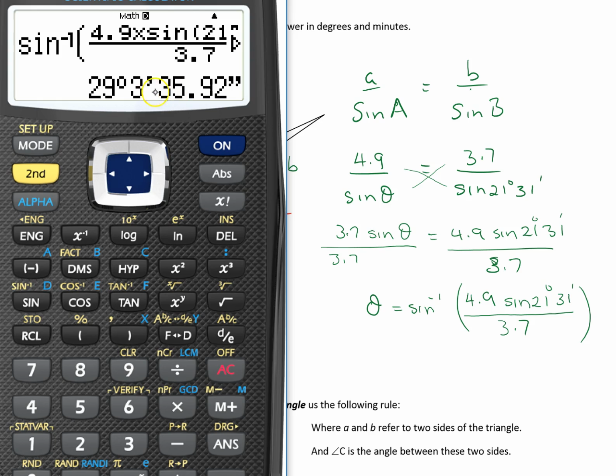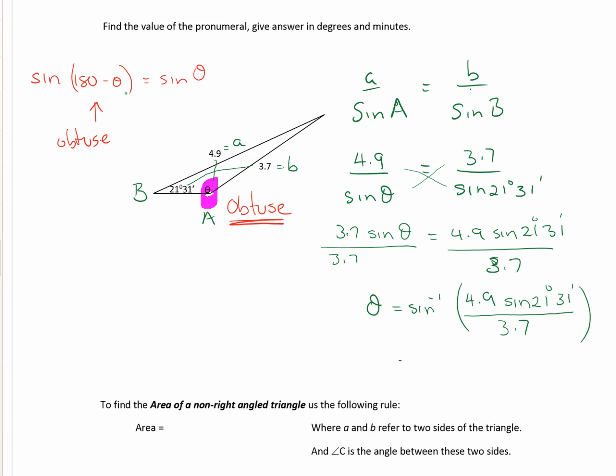Now we know that any time that either these minutes or seconds go over 30, we're to round up. So we've got 29 degrees, 4 minutes. Now, hopefully, having made this observation back in the beginning, we're not happy to leave our answer as 29 degrees, because that is not a number between 90 and 180. So we write something like, but this is not obtuse.